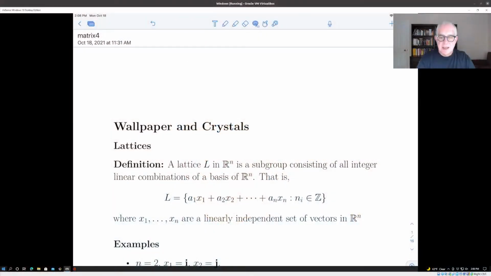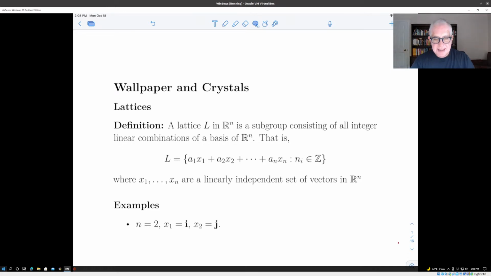These are sometimes called wallpaper patterns, and they are symmetries of repeating patterns in the plane where you have something which is laid out in a grid, and then you try to understand all the symmetries of this stuff that lives in a grid. So we'll introduce some basic ideas and then talk a little bit about that either in this video or in the next one.